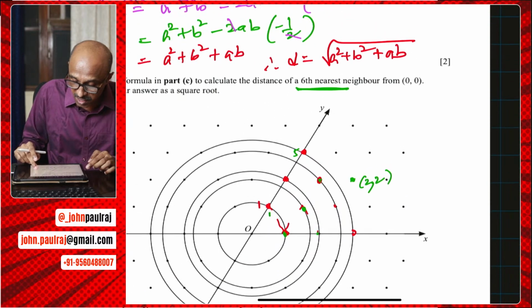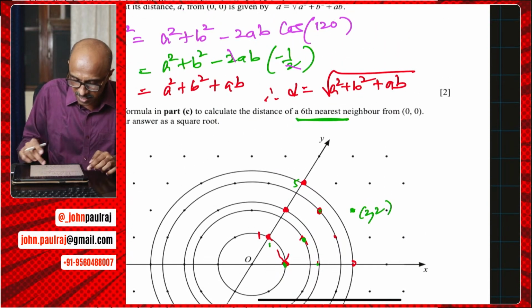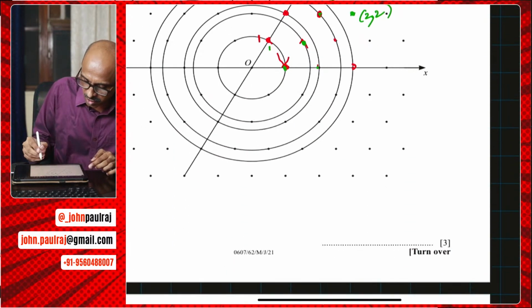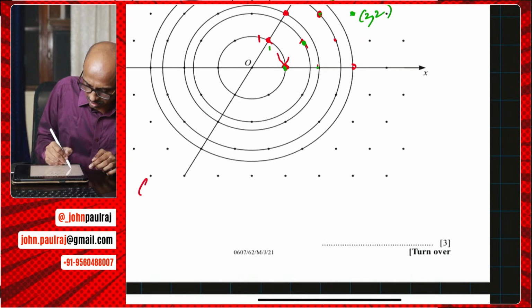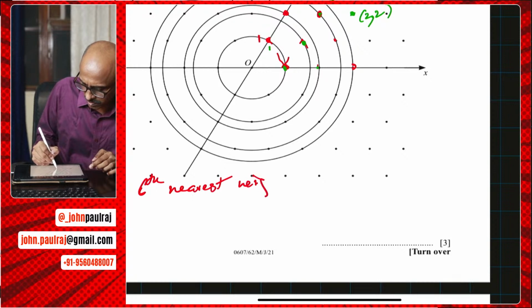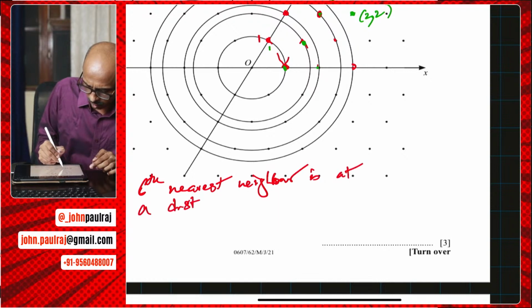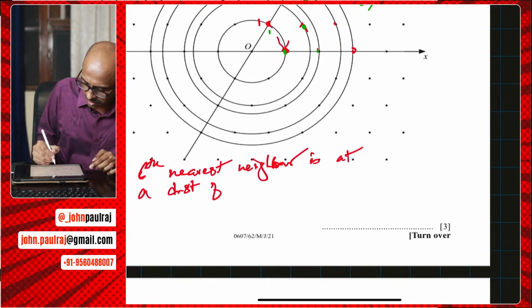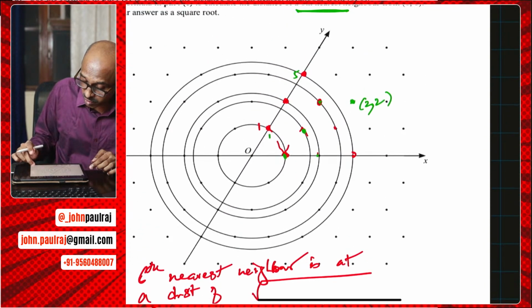So we can use the coordinates 2, 2 with that formula. The sixth nearest neighbor is at a distance of, what's the formula? d is under root of, and we are using 2 comma 2, right?